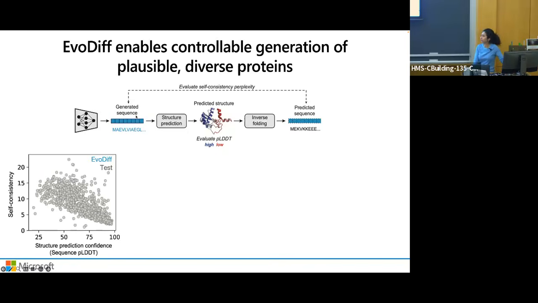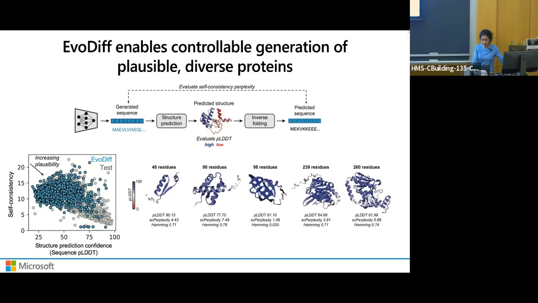If we compare these two metrics, the confidence in structural prediction versus that self-consistency, we see that, first, for natural proteins from the test set, there's a good distribution along this axis, and that generations from our EvoDiff model occupy this range, with a good fraction of these generations exhibiting high structural confidence and high self-consistency, indicative of greater likely plausibility.